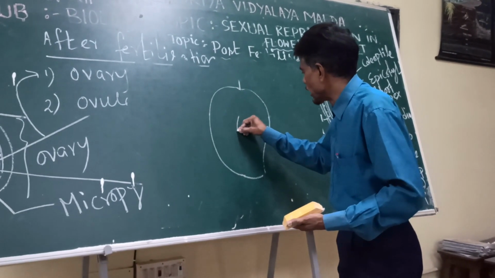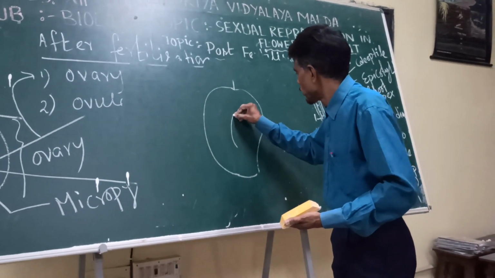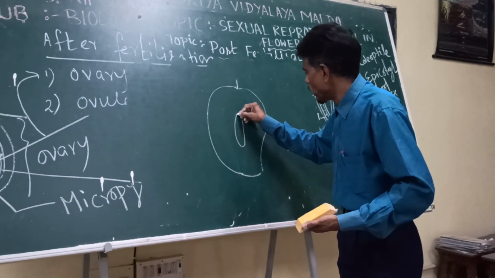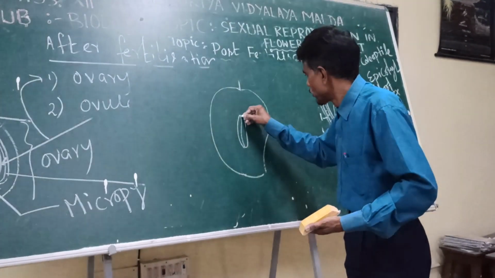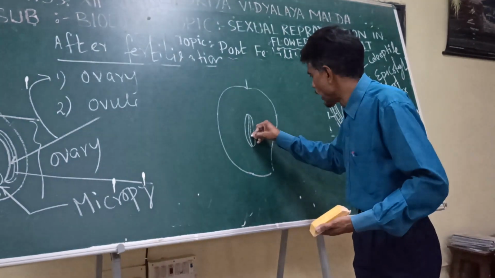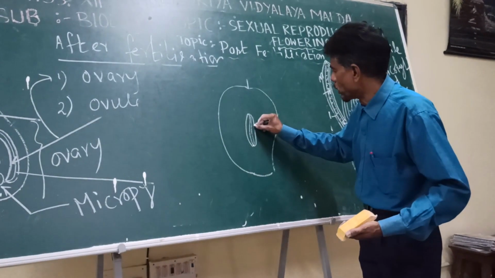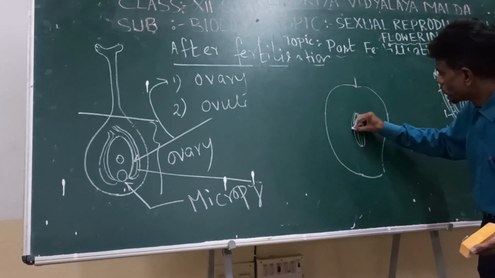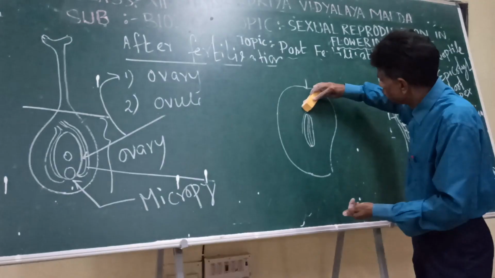So this is the seed, having two cotyledons with the embryonal axis, two cotyledons, and covered by seed coat.